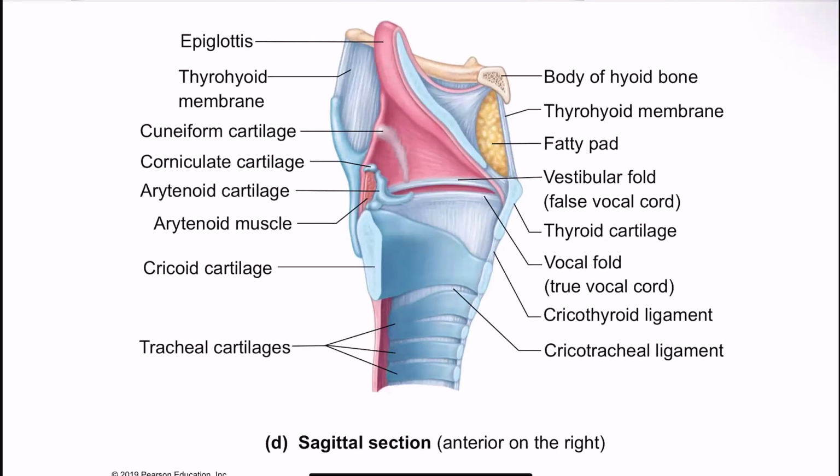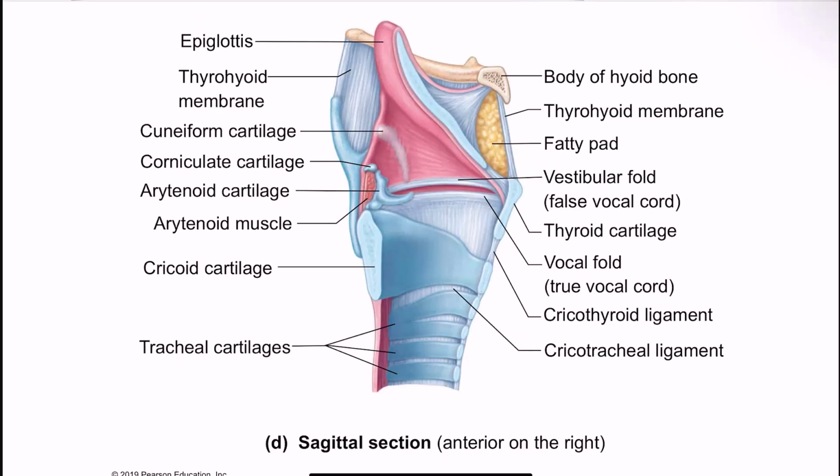This is a sagittal section of the larynx. So just what we were just looking at, but zoomed in, and we've taken out the esophagus. So here we have that structure, the epiglottis. When we swallow, that epiglottis moves downwards. So it closes off this whole thing so that food does not pass into here, because we don't want food passing in there.